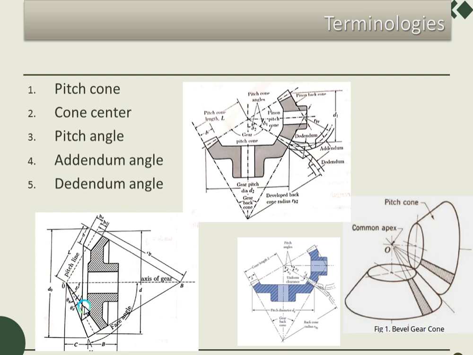That means it is made from the pitch line to the top surface of the teeth. Similarly, dedendum angle is the angle made by the root of the tooth to the pitch line. We call that the dedendum angle.